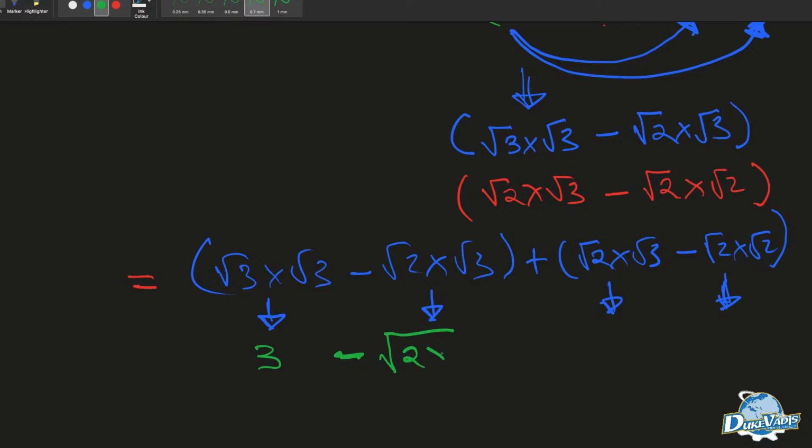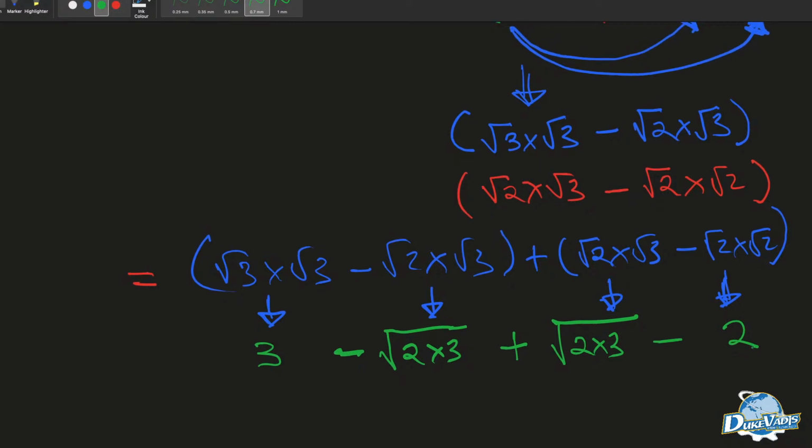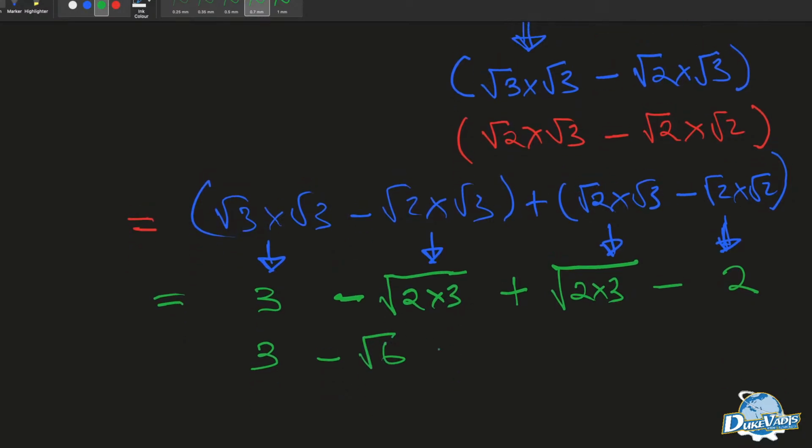That's a 2 times 3, okay? Then plus this the same way, 2 times 3 minus, and this is root 2 times root 2, that will be 2. Okay, now this, we can further say 3 minus 2 times 3, that will be 6. So that's minus root 6 plus root 6 minus 2.